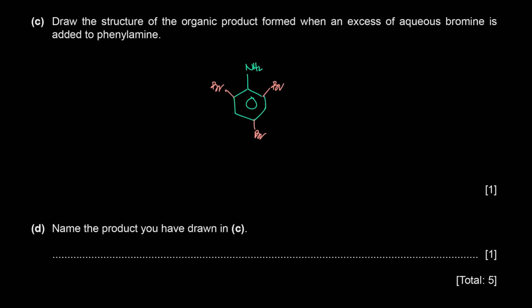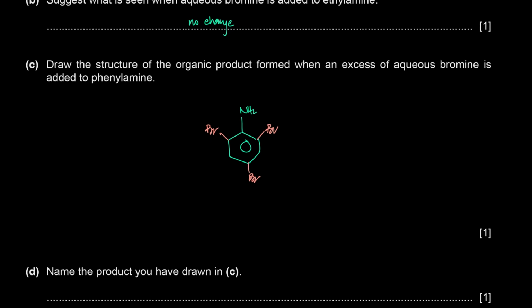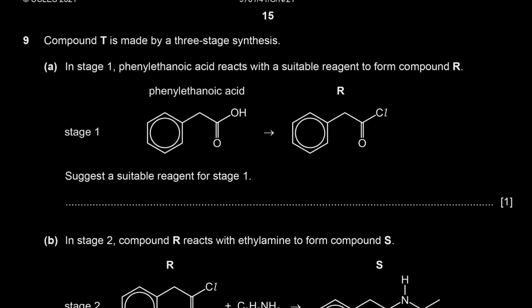All right. Name the product that you have drawn in part C. This product is called 2,4,6-tribromo-phenylamine. All right, the next question that we have here is question number 9.